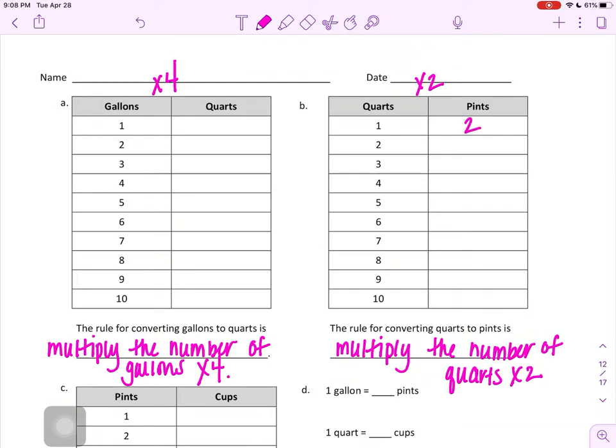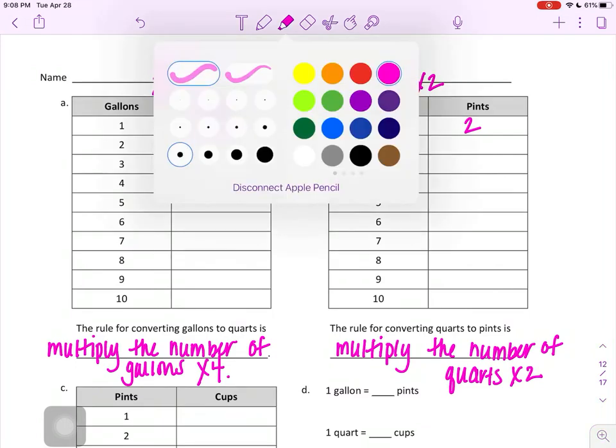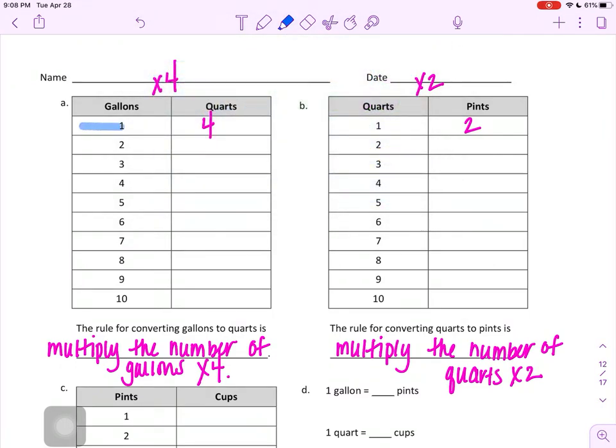So up here, 1 times 2 would be 2, 1 times 4 would be 4.